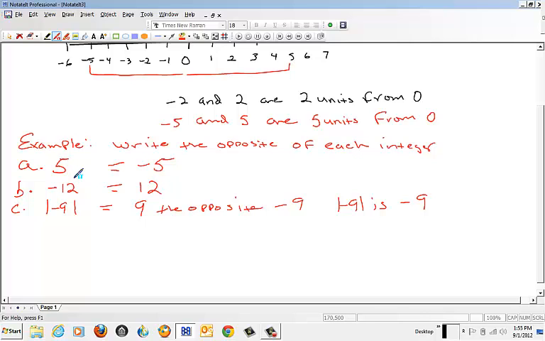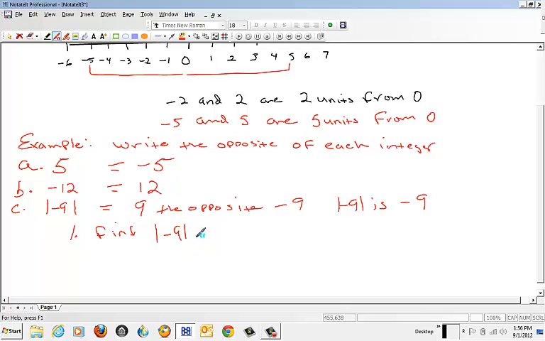Now, if we look at C, C is a little challenging because it's sort of tricky, but we can easily work through it. It says, what is the opposite of the absolute value of -9? They're talking about the opposite of an absolute value. Well, the very first thing we have to do is find the absolute value of -9.